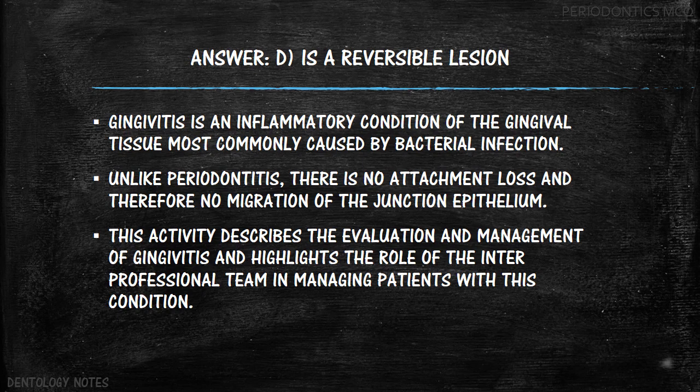Gingivitis is an inflammatory condition of the gingival tissue most commonly caused by bacterial infection. Unlike periodontitis, there is no attachment loss and therefore no migration of the junctional epithelium. This activity describes the evaluation and management of gingivitis and highlights the role of the interprofessional team in managing patients with this condition.